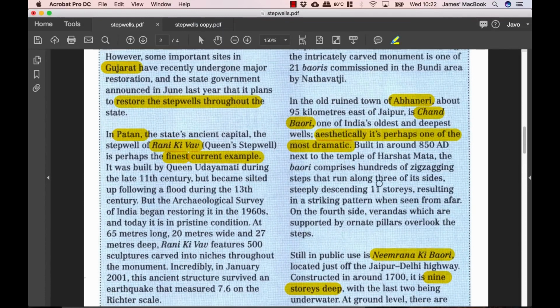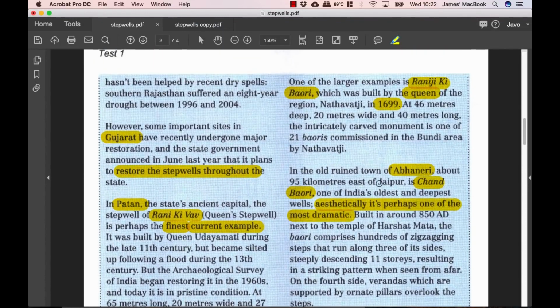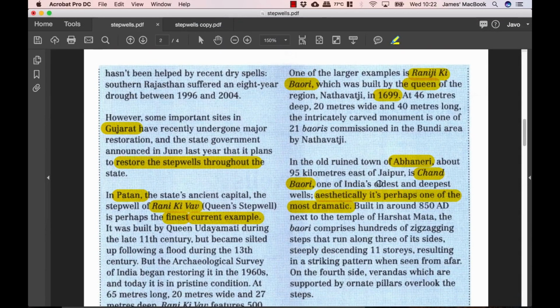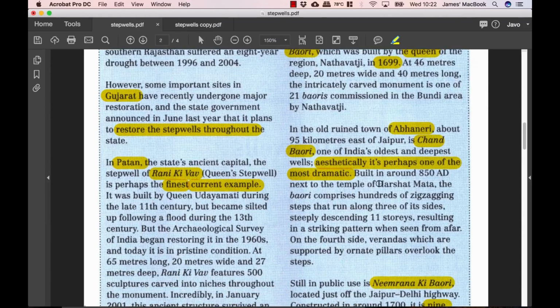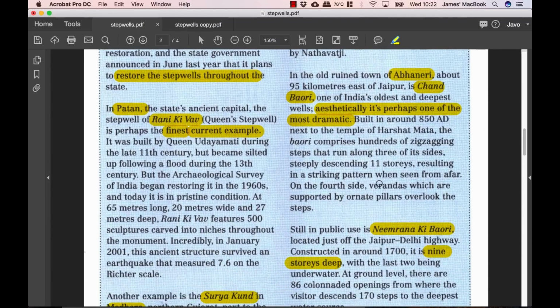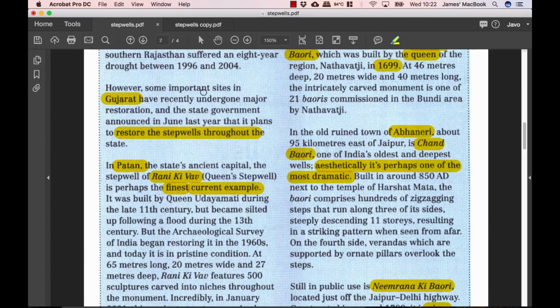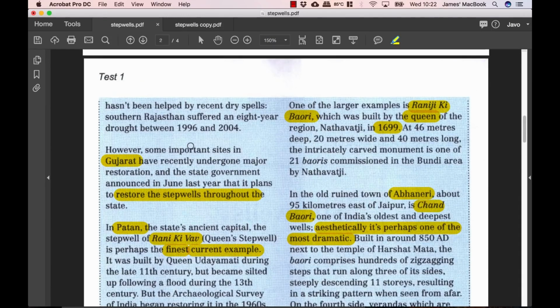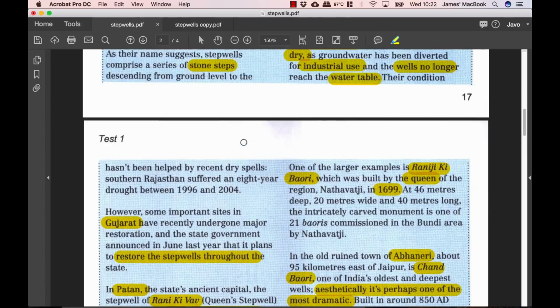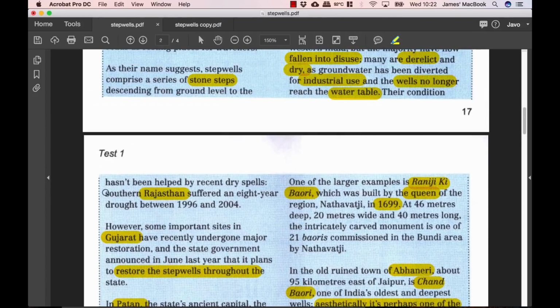Okay, I can't see anything about Rajasthan. The ancient capital. Oh, here we go. There's Rajasthan again. Southern Rajasthan.